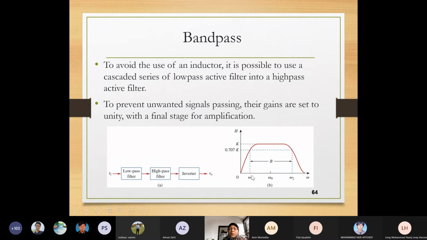You introduce stage by stage to avoid the use of an inductor, because an inductor is very seldom used. Capacitor is more common. It is possible to use a cascaded series of low pass active filters into high pass active filters. To prevent unwanted signals passing, their gains are set to unity with a final stage for amplification. Unity means a gain of 1.